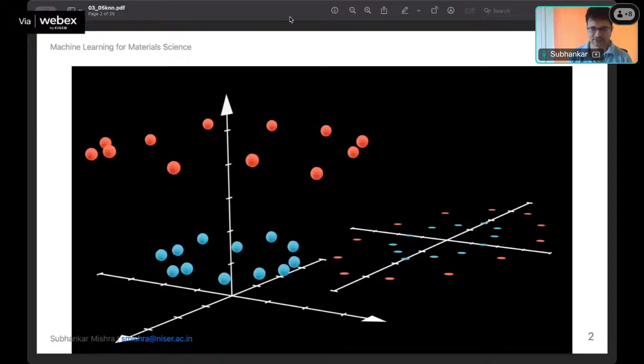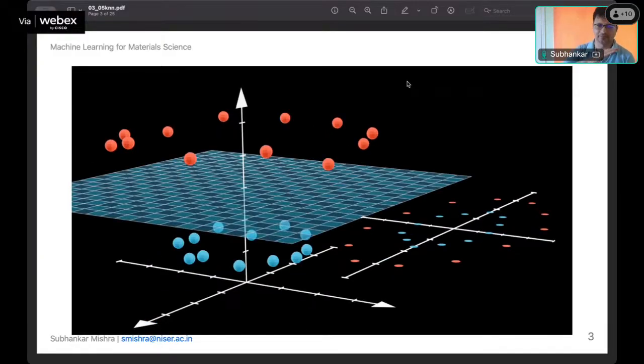I hope you remember this. If you look at the right hand side, there are blue dots and red dots, the ones that we had last time. If we do this quadratic kernel, this will basically be exposed to a three-dimensional space, and then we can eventually have a hyperplane that separates the data points of one class from another class.